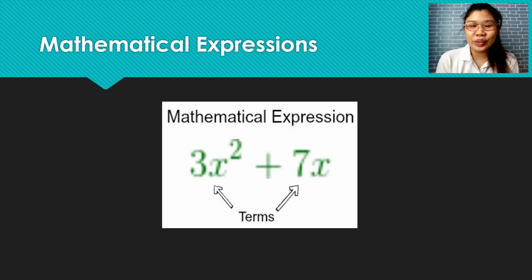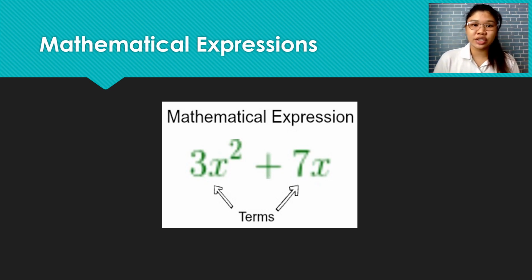Now that you know the basic terms of operations and symbols in mathematics, let's proceed with mathematical expression. In this example, we have 3x squared plus 7x, in which 3x squared and 7x are separated or joined with a plus sign. That's why it is called a mathematical expression. We have two terms, the 3x squared and 7x.